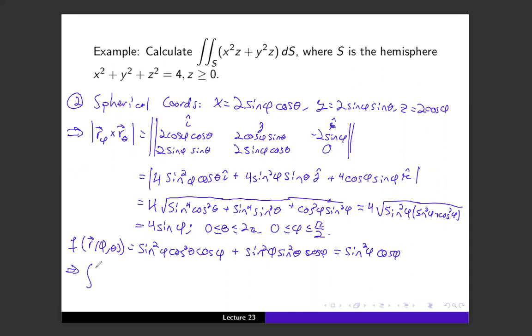So now we're ready to calculate the integral over the surface of x squared z plus y squared z dS. Let me just make sure, because I've got some windows obscuring. Yep, that's right.